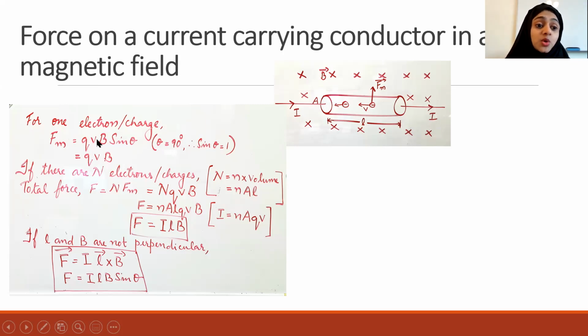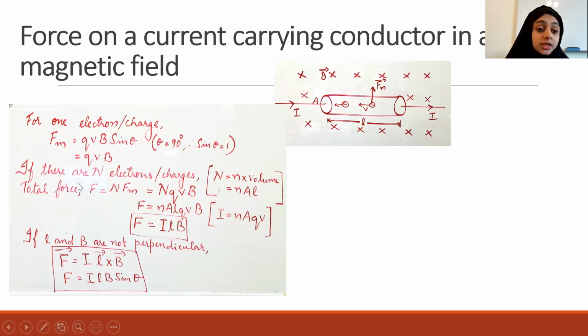Now, this is the case of one single electron or charged particle. Suppose there are a total of N electrons or N charged particles inside this piece of conductor. So we have to consider the total conductor because the current is flowing through the entire conductor and it contains capital N charged particles that carry the current.